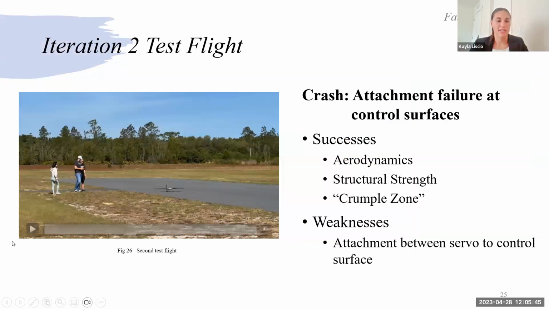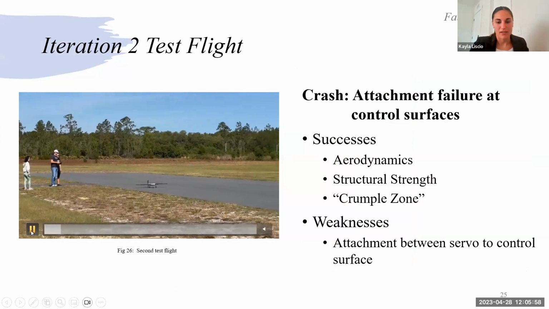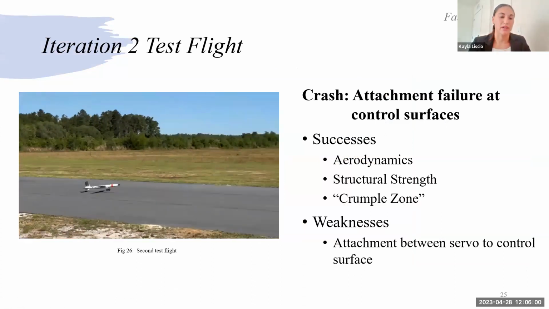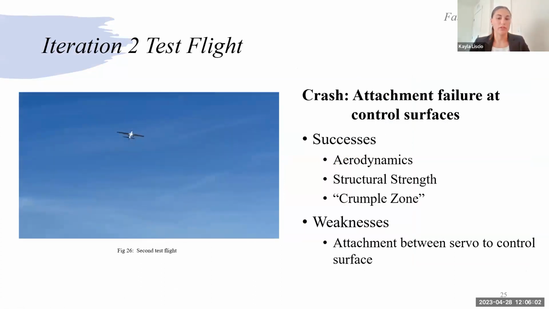So for this test flight, we confirmed that our aerodynamics are good for the second time. And if you play the video, you can see that the plane gets off the ground really easily. We also confirmed that our structural strength was good this time. The plane takes a pretty bad nosedive, but it held up really nicely on the impact.